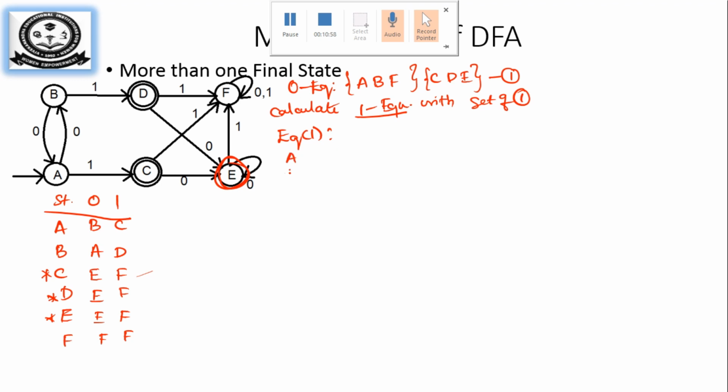So let me check AB first. So AB, you can see it is BC and it is AD. Check A, B are in the same set, yes. C and D are in the same set, yes. So you can see here A and B are in the same set, and C and D are in the same set.